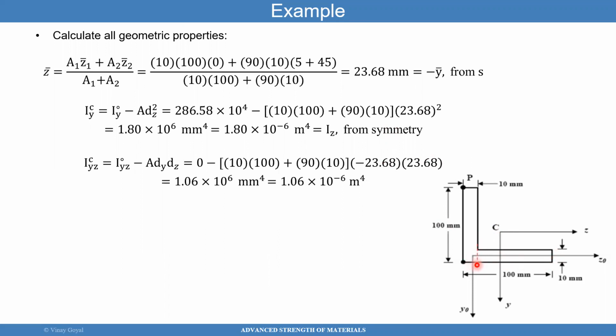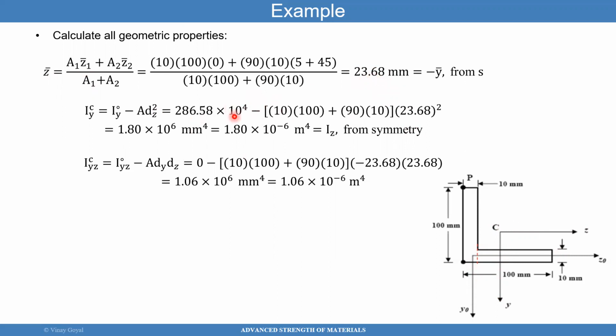And 5 plus this distance of 45 is 50. That's this number here. And now I know the area of the whole thing. So that's easy. That gives me that the centroid is 23.68 and it's at this location. So I can translate this axis to this axis here. That's where the centroid is. And it turns out that if you calculate it for y bar, with the same procedure, you also get 23.68.